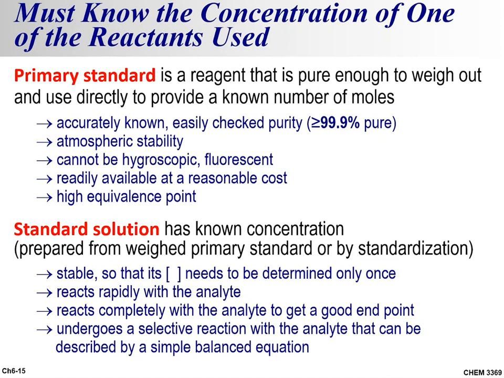Okay. So one way of preparing the standard solutions is to use a primary standard. Okay, and in this case, you just weigh out the desired mass of the primary standard that contains the desired number of moles, and then you dissolve it, and you have a standard solution.